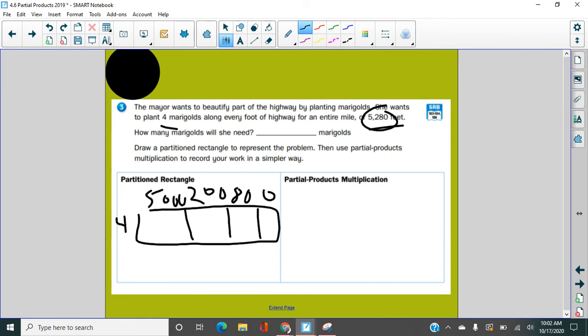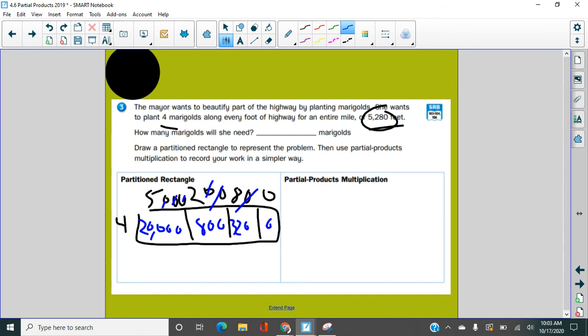And this is going to get kind of hard to write here in the little small spaces, but that's okay. So 5,000 times 4, when I cross off zeros, 20,000. 200 times 4 is 800. 80 times 4, 32 and a 0, and 0.